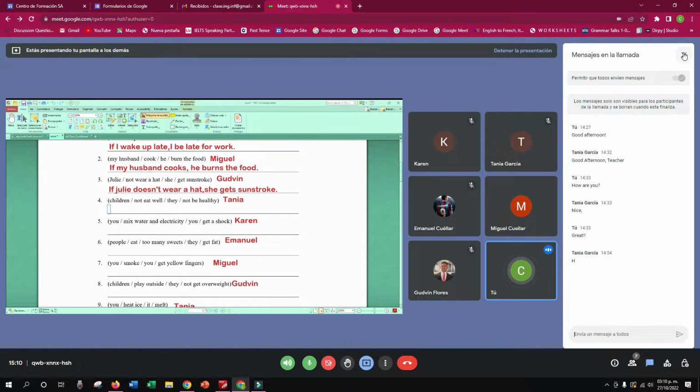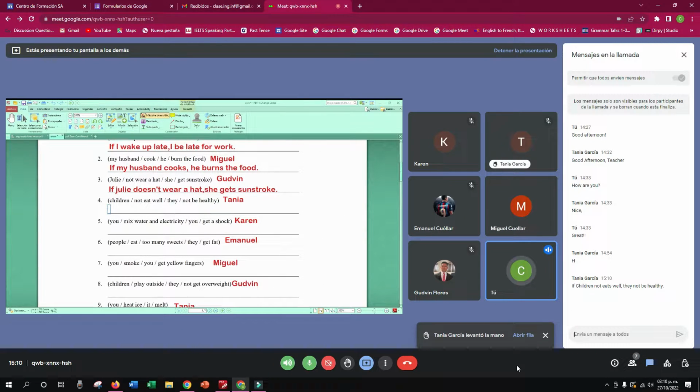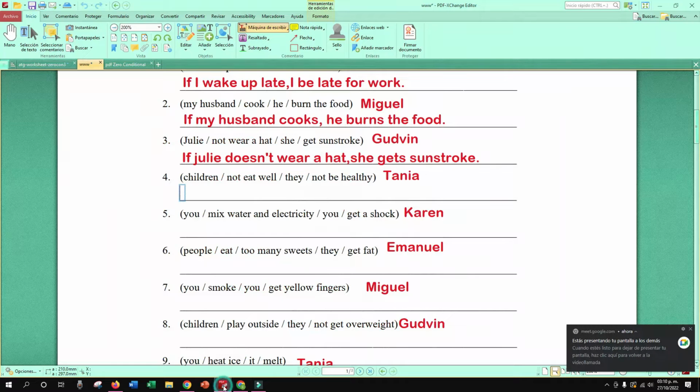What about number 4, Miss Tania? ¿Tiene la número 4? If children know it well, they not be healthy. Let's check that one a little bit, Miss Tania. So you can say there, if children, in that case, you are using not it, that is negative. So you are using here children, that's right.